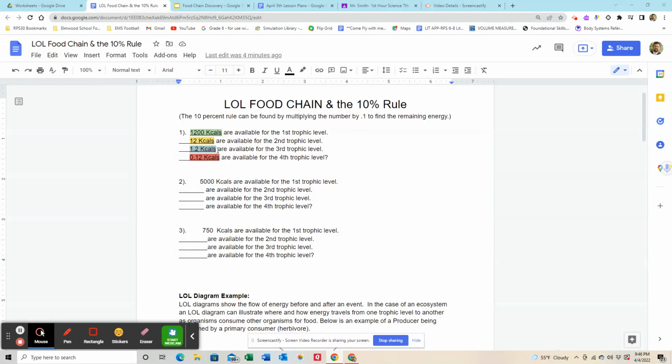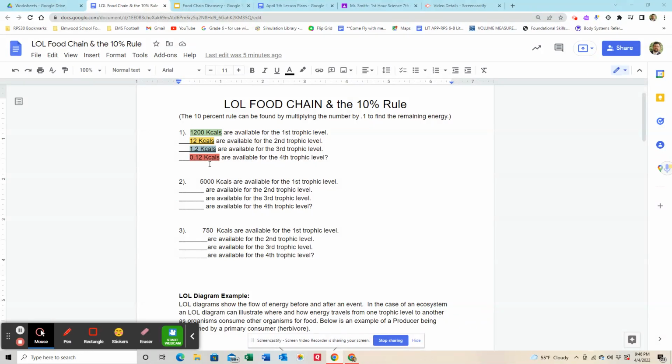Then they're consumed by apex predators or our tertiary consumers, and those top organisms only have about 0.12 kilocalories left based on this number.